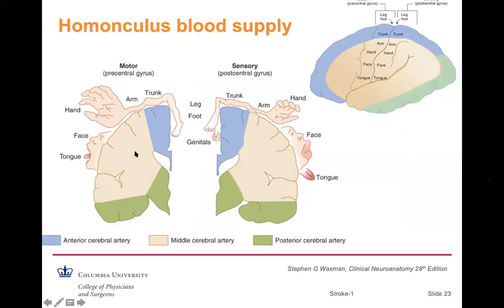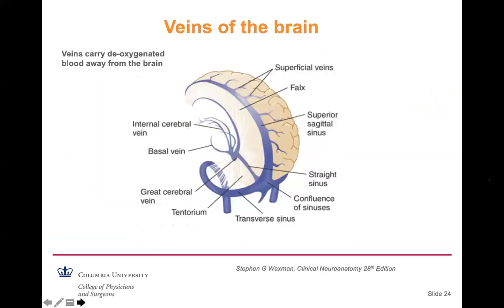The blood supply to the brain comes from different branches of either the anterior cerebral artery or the middle cerebral artery in this case, but also at the back of the brain, there are branches of the posterior cerebral artery. And all these branches supply different parts of the brain.